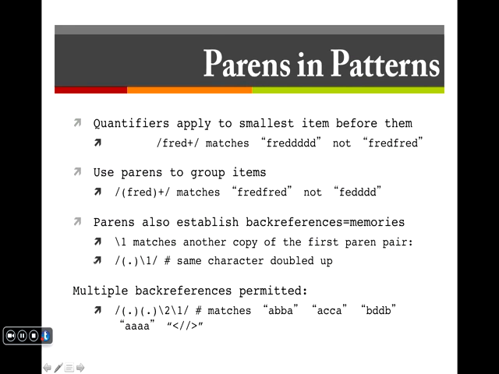So this will match Fred and Fredd and Freddd, but will not match Fred. So in this case, if I don't want to match it in this way, I put parentheses. So this is a solution. What I am saying here is one or more of the word Fred repeated. So FredFred, but will not match with Fred.